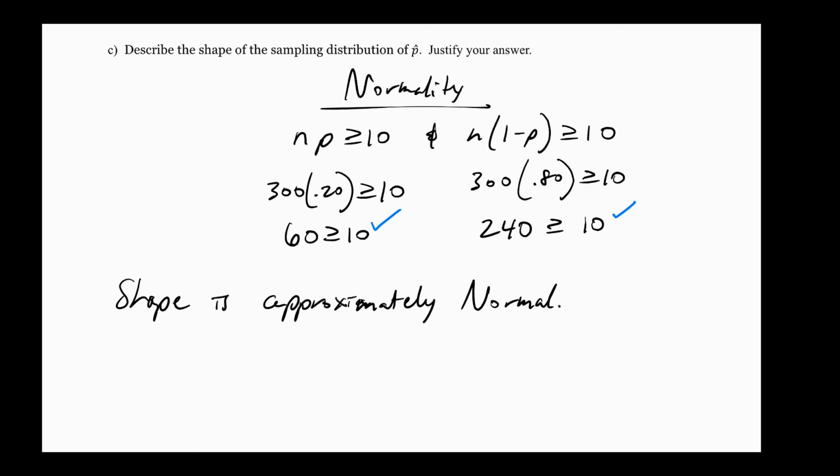Because we don't know if it's perfectly normal, we always use the word approximately. If I can't really see the data or the numbers, I always tend to use the word approximately in front of it. And the work that we did is our justification. Why? Because those conditions are true.